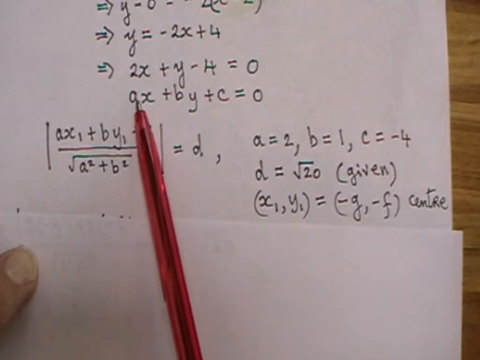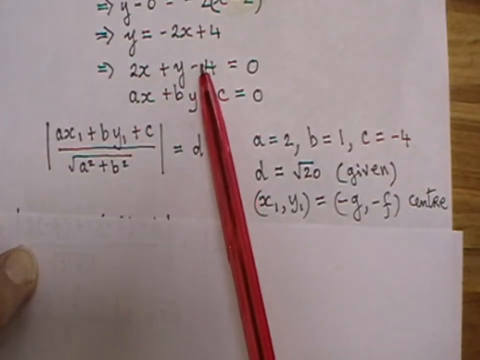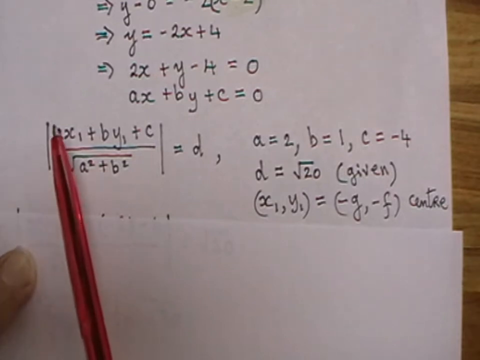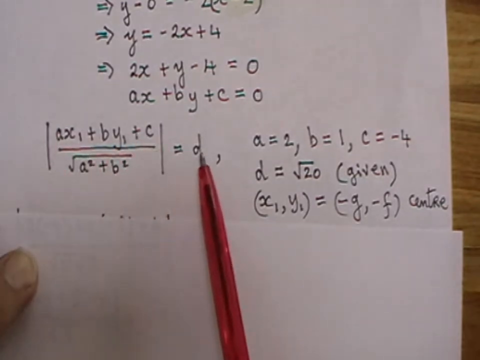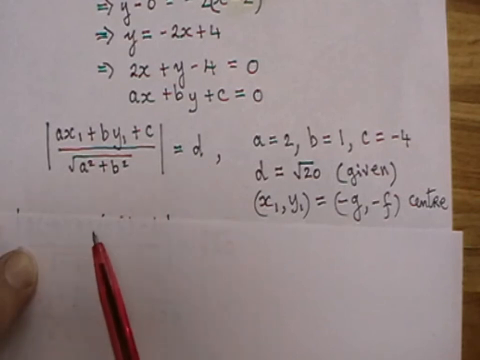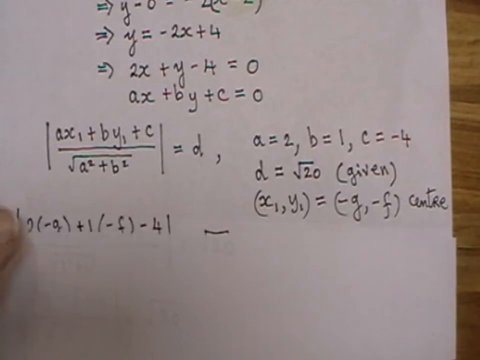From the equation of the line we can see a equals 2, b equals 1 and c equals -4. So as usual, there's going to be a great deal of substitution here. Accuracy is very important, and we'll get a third equation involving g, f and c.